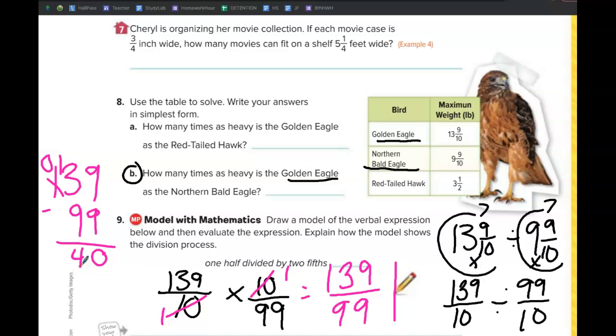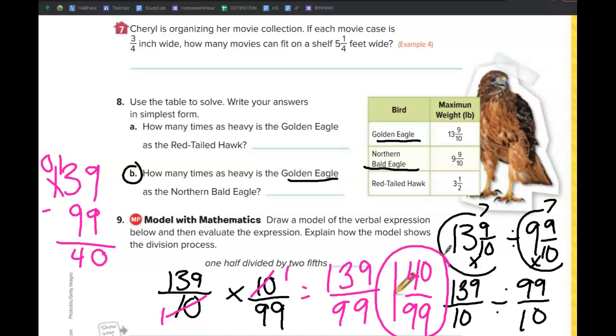So I got 1 and 40 over 99. 99 can only be divided by like 3 and 11 and 9, and 40 can't be simplified by those. So my answer is 1 and 40 over 99. Okay, part A of that is going to be very similar.